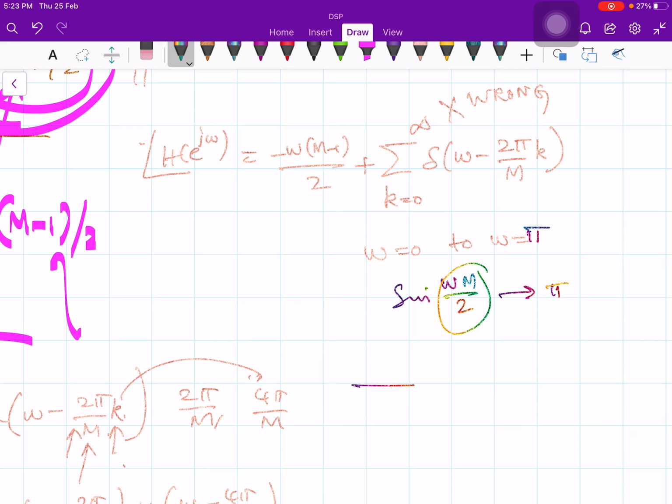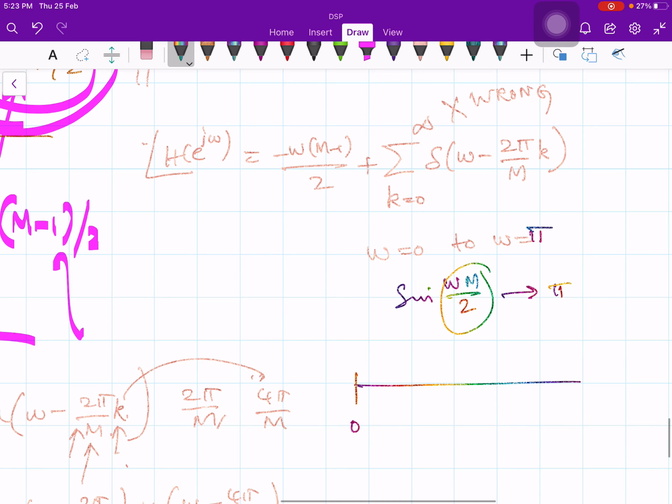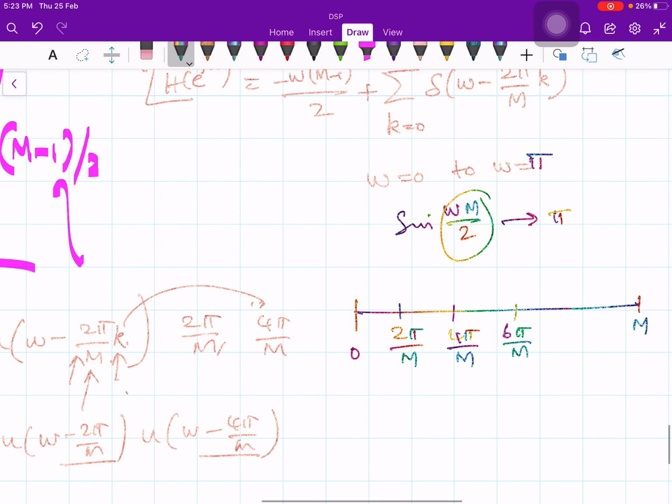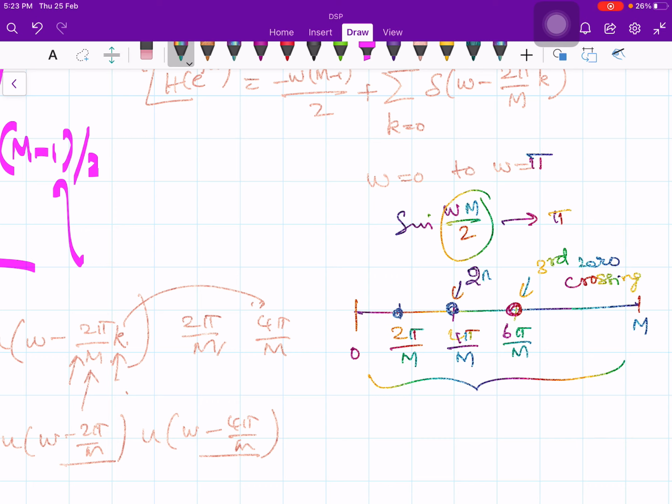Okay, so let me start. This is 0 and this is 2 pi by capital M, and this is 4 pi by capital M, and this is 6 pi by capital M, and let's say this point is pi. So between 0 and pi, how many such 0 crossing points would occur? This is the first 0 crossing point, second, third, right? Like this, how many 0 crossing points would occur between 0 and pi?